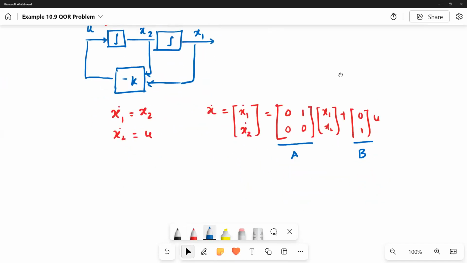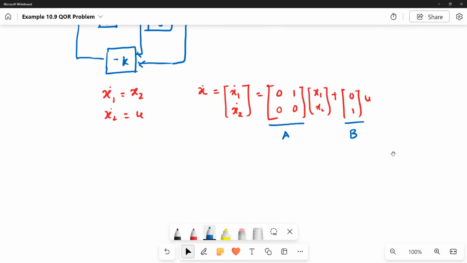The objective function in general is provided in the problem. So part of the problem is that J is given. We haven't yet started solving the problem, we're just discussing the question so far. J equals the integral from 0 to infinity of x transpose Q x plus u squared dt.